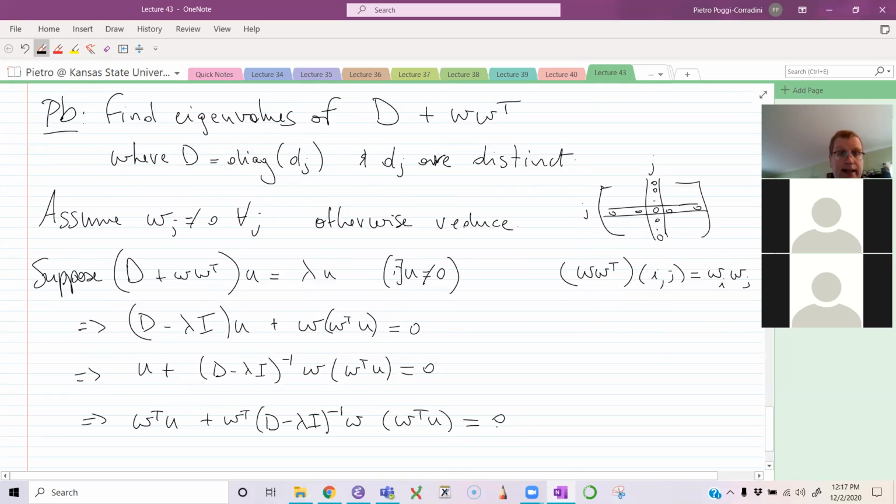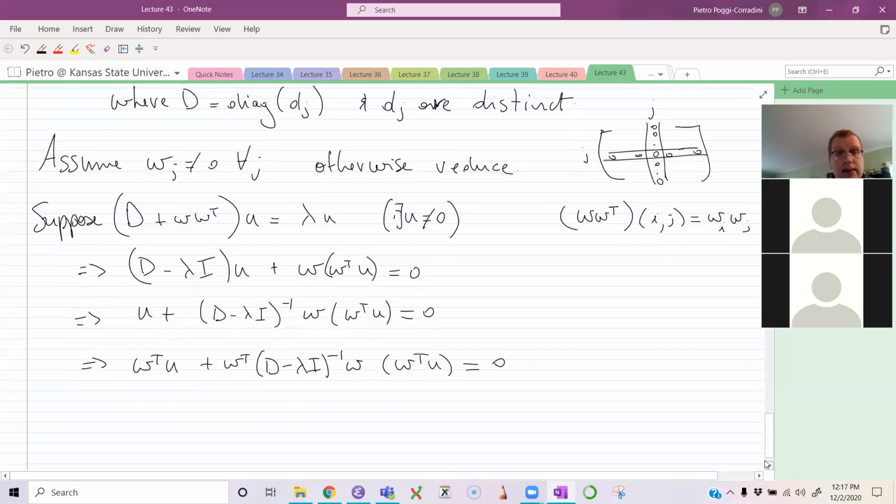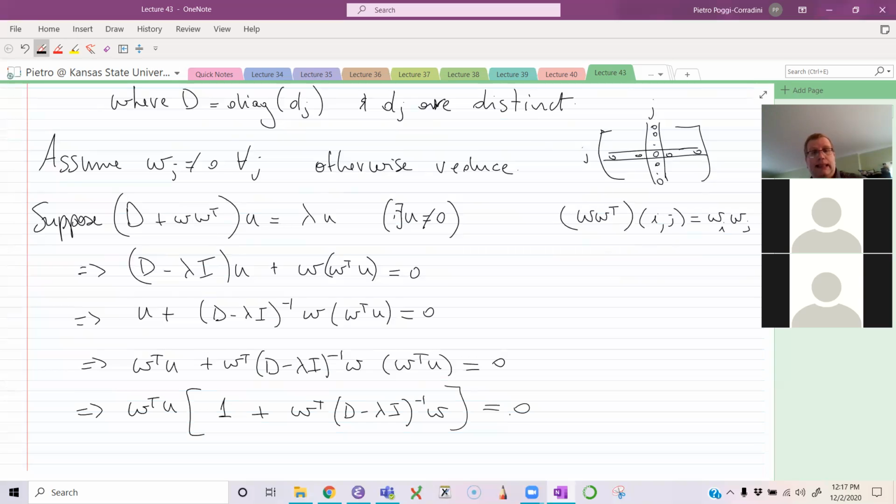Right. And now you see I can factor out the dot product, w transpose u, times 1 plus this quadratic form equals 0. That makes sense? Yeah. Just a little bit of algebra.